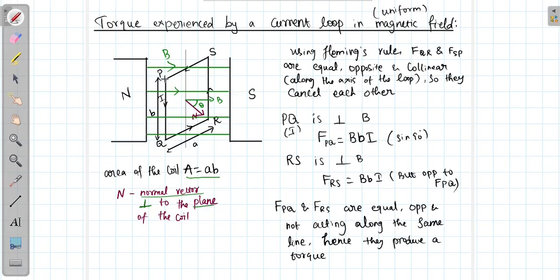Here PQ is experiencing a force. Now PQ as well as RS experience force. Now we find the direction of the force using Fleming's left-hand rule or right-hand palm rule.